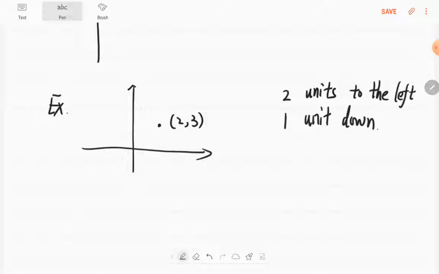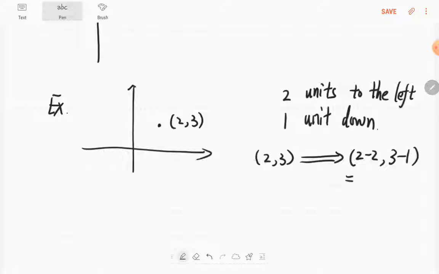The 2 units to the left, so you should subtract 2 on the x coordinate. So this (2, 3) point becomes what? We subtract 2 on the x coordinate, and 1 unit down. Down means the y coordinate will be subtracted by 1.